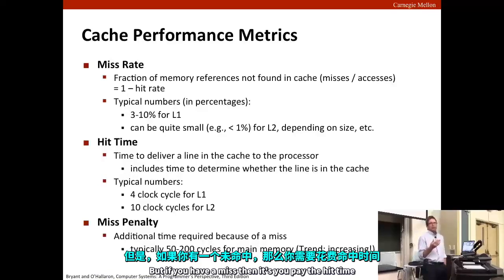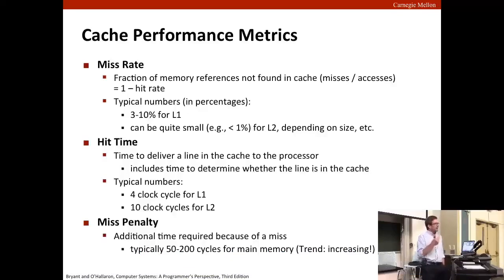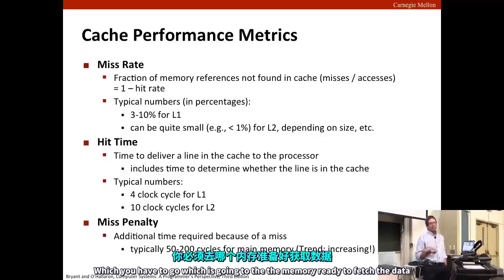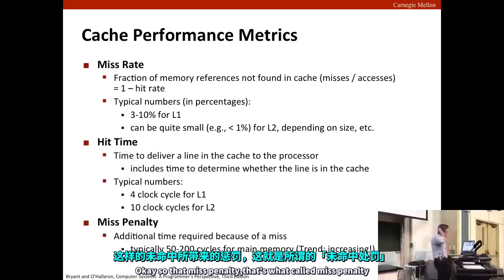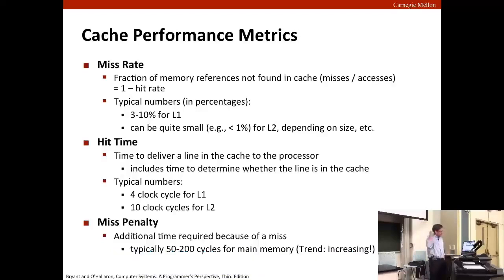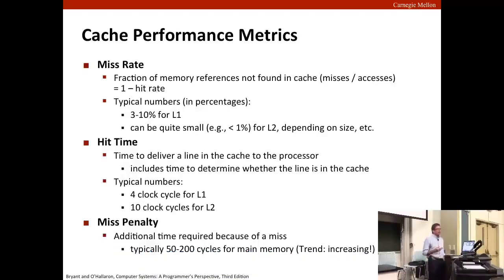But if you have a miss, then you pay the hit time because you have to do the search, and eventually you're going to have to return the word back to the requester. But then you have this additional cost, which is going to the memory to fetch the data. That so-called miss penalty is on the order of hundreds of cycles for main memory.